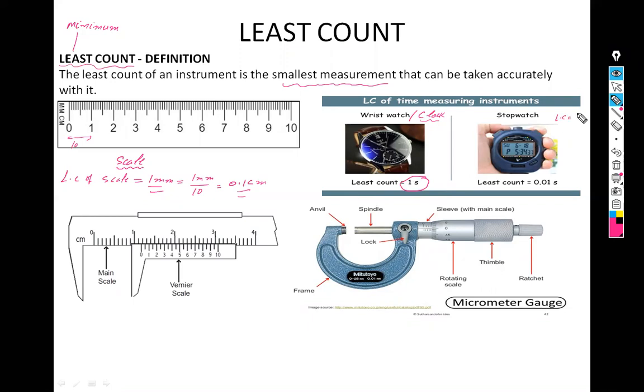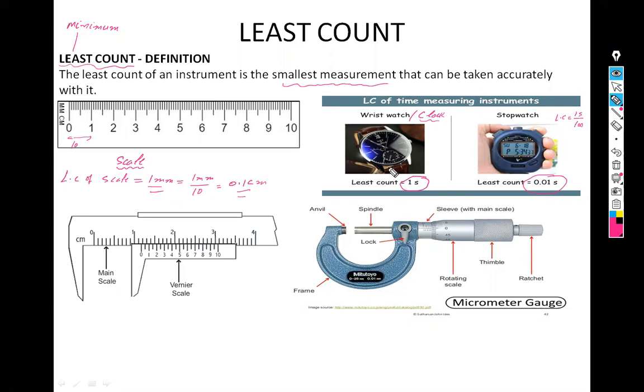And look, stopwatch moves very fast. Look at this one, 1 second is divided into 100. It means that 0.01 second is the least count of your stopwatch. We will discuss in detail in the next pages how we measure with the stopwatch.